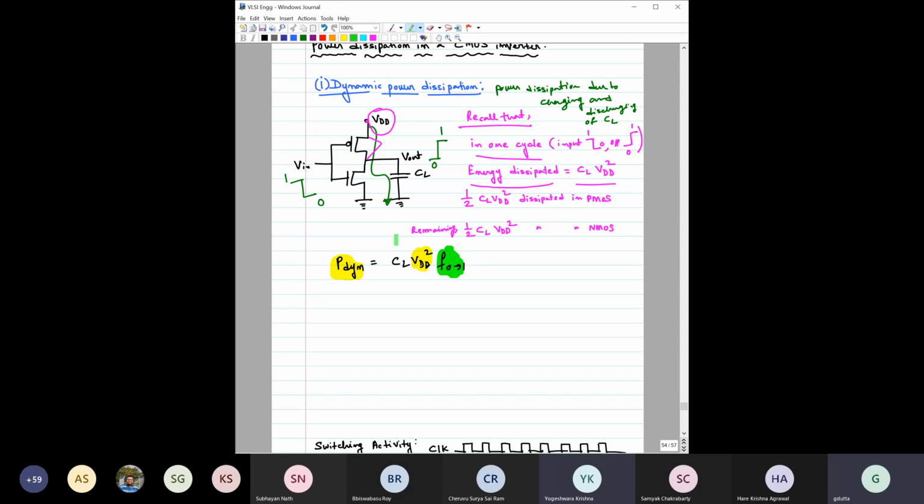That clock frequency will determine how fast the output will change. If all the transistors in a particular IC are driven by the same clock, the output also has to change at the same rate as this clock frequency.